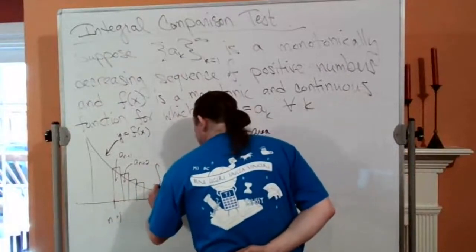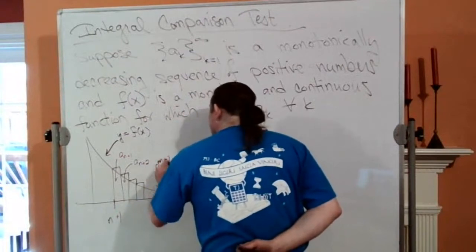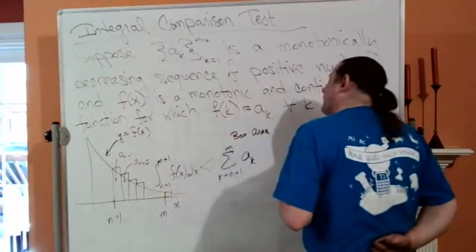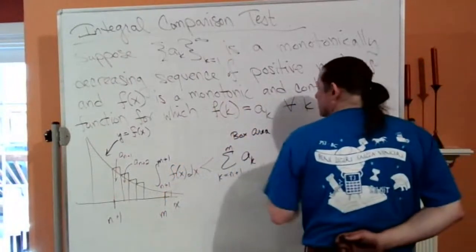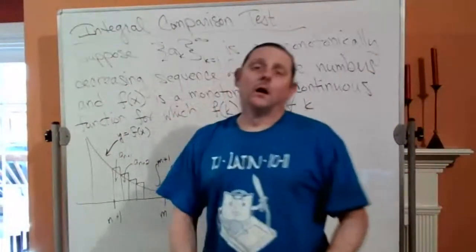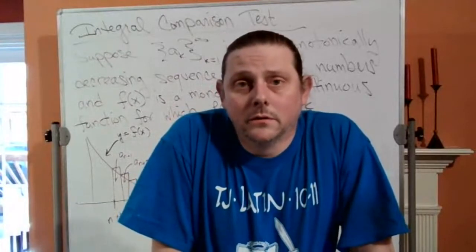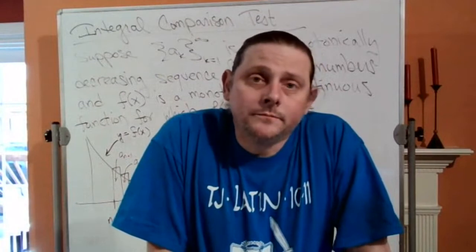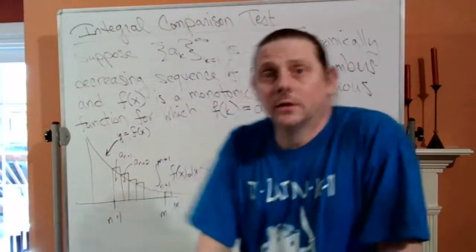The area under the curve is the integral from n plus 1 to m plus 1 of f of x dx. All right? Now that's only a single inequality. As we've seen, that's not really what we want. We need another side to this inequality.